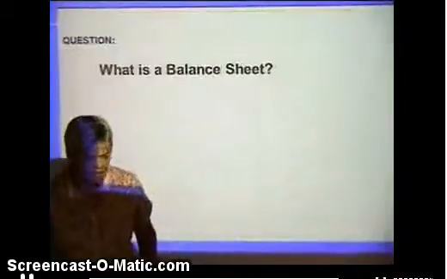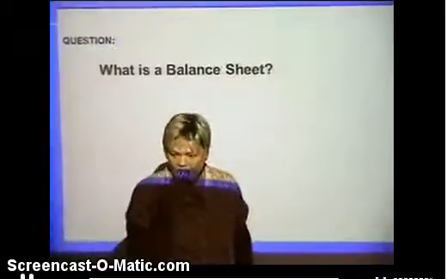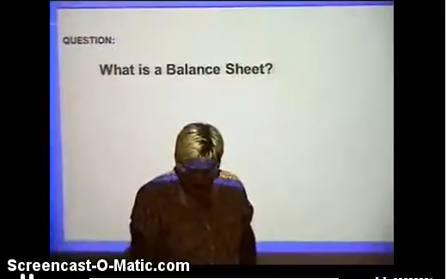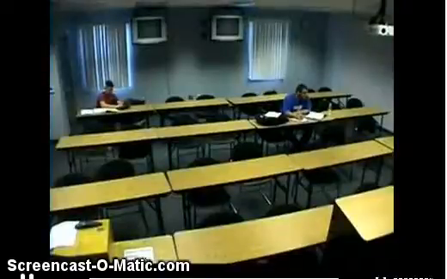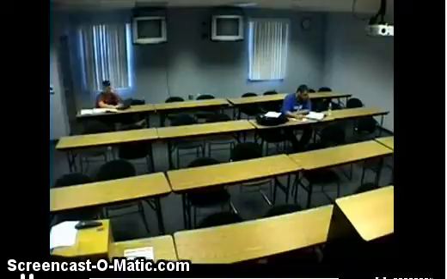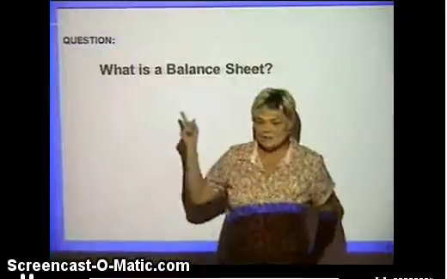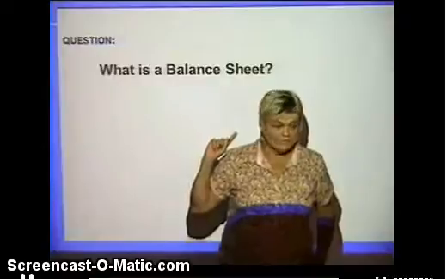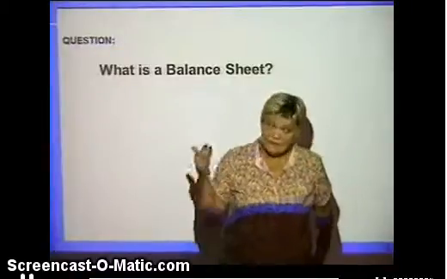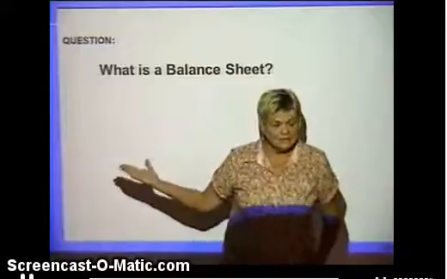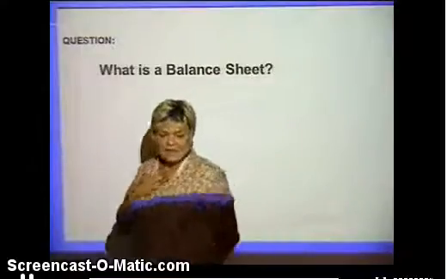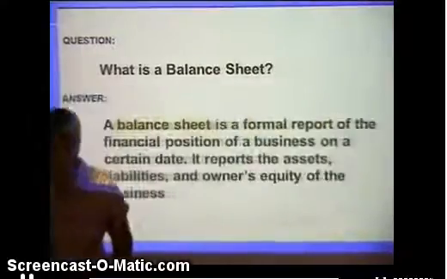Okay, what's a balance sheet? We're going to talk about the balance sheet a little bit, and then we're going to do one. A balance sheet is a report on the financial position of the business. It reports the assets and liabilities and owner's equity of the business. So the balance sheet is actually that equation that we have written. It's a formal report, and it shows that assets equals liabilities plus owner's equity.